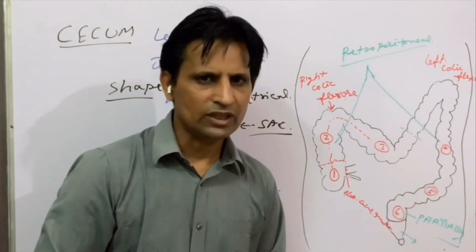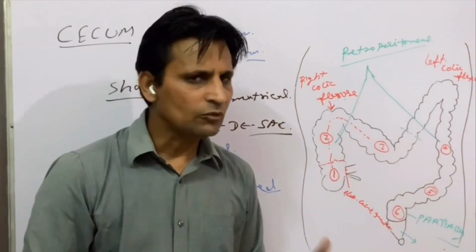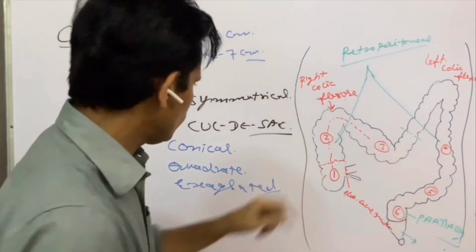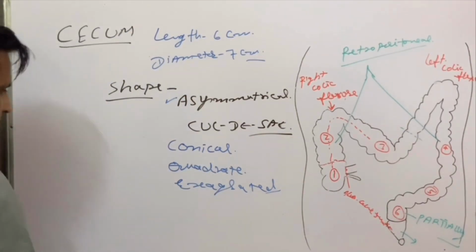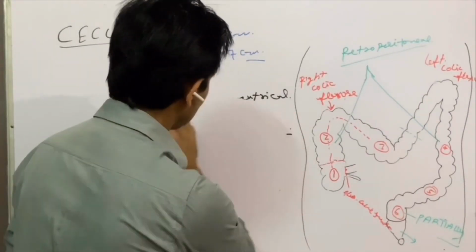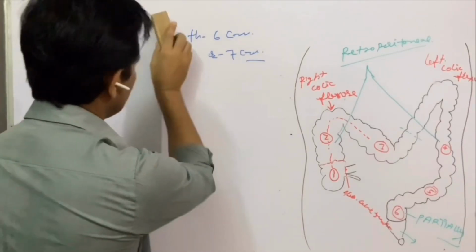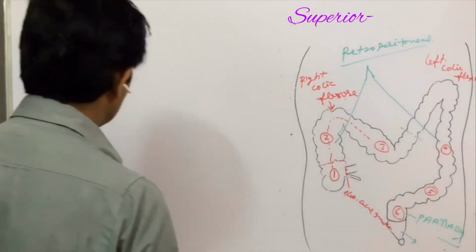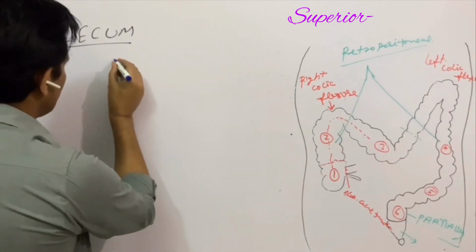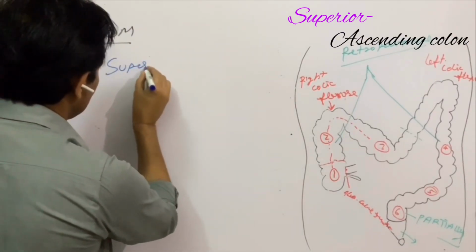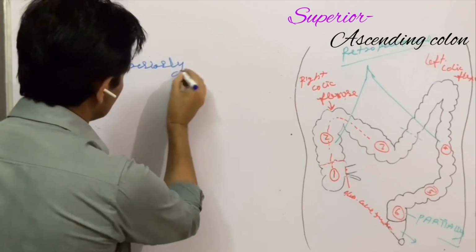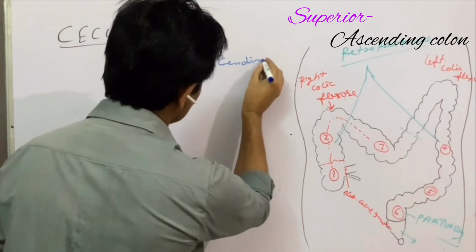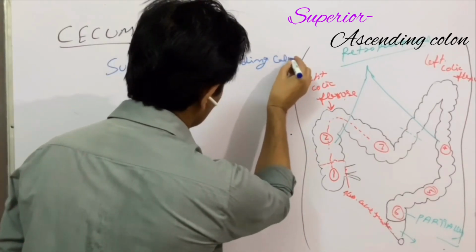Number two, which we have to know, is the communication of the cecum. What are the basic communications? As we know, superior to the cecum is the ascending colon. So write it like this: superiorly there is the ascending colon, right?